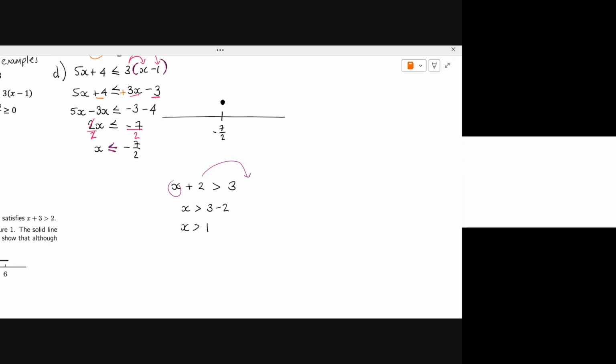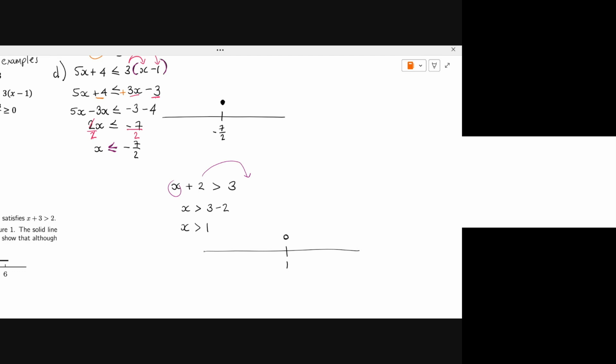Okay. Now, on a number line, we would just draw a line like this, and put a 1 there. And because it's just greater than, I need to put an open dot. Now, I'm going to ask again. What kind of numbers are greater than 1? Any example?